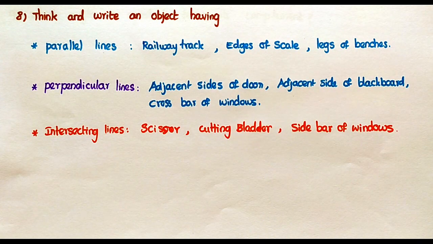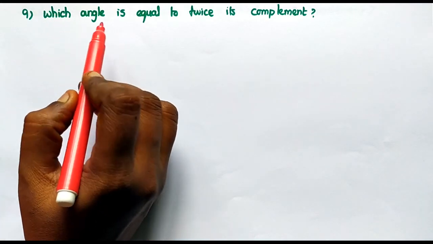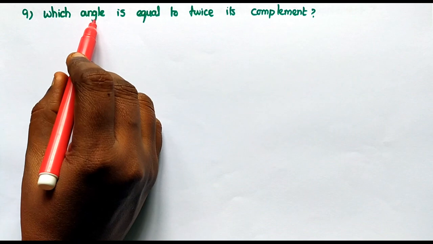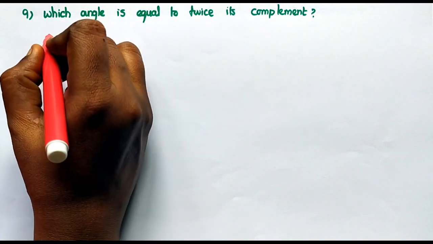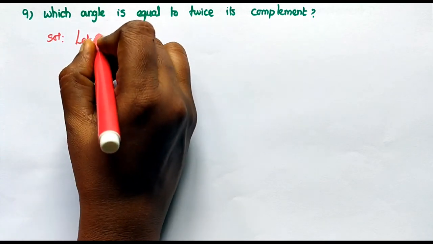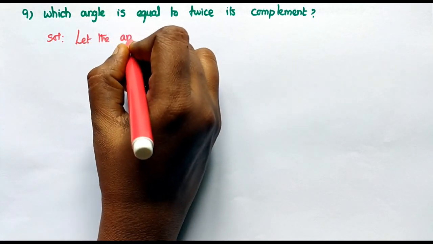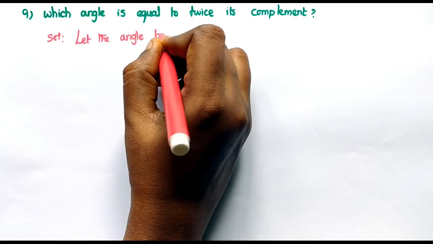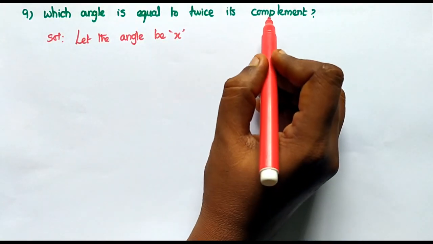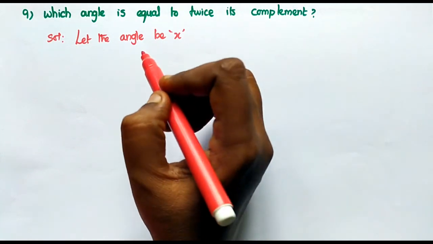That is the answer. One, which angle is equal to twice its complement? Which angle? We don't know the angle, so let the angle be x. Complement, so that is two angles.